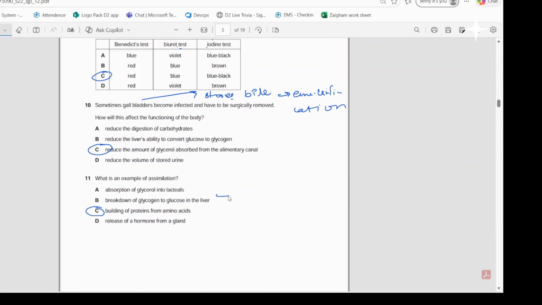Okay, breakdown, this one is digestion. This one is absorption. This one is not related to assimilation, which means when smaller molecules join together to make a bigger molecule. So amino acids, you don't know. Okay, now you know. Smaller molecules into a bigger one.